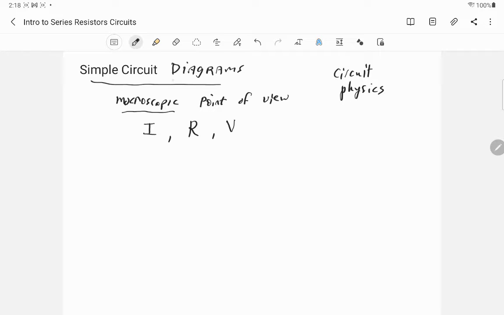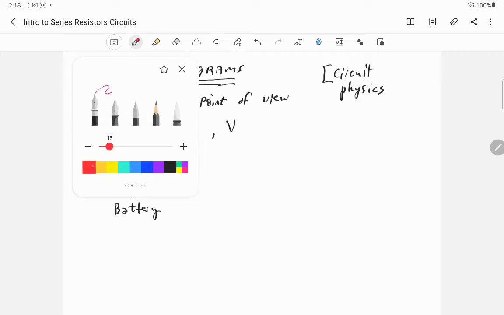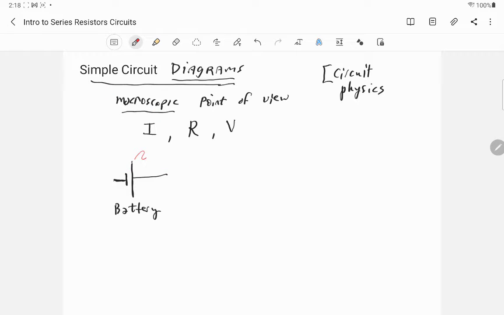Okay, so let's have some diagrams which tell us what circuit we are talking about. So the diagrams have parts. So here is something that you've seen before. This is meant to indicate a battery, right? And it goes without saying, so I'm going to probably stop saying it, that the long plate is meant to be the positive plate, right?